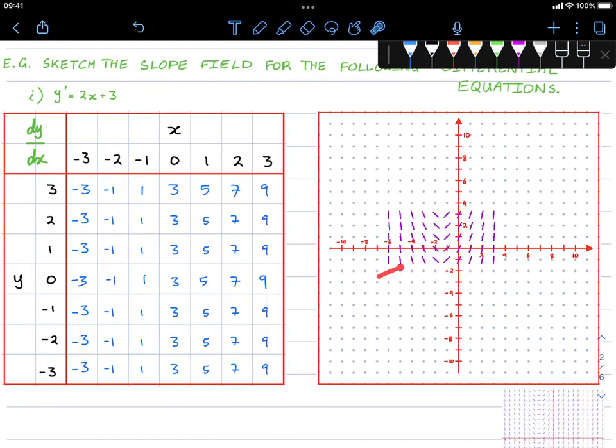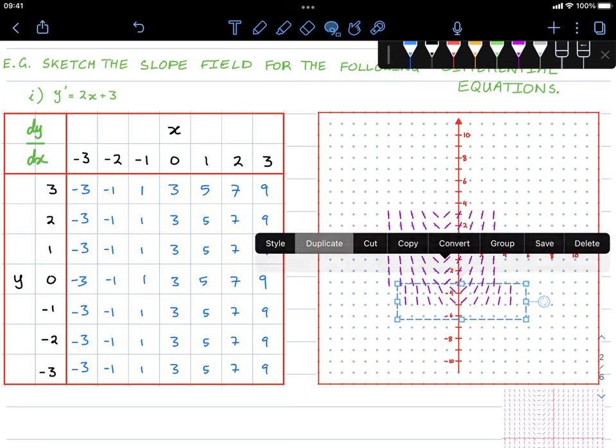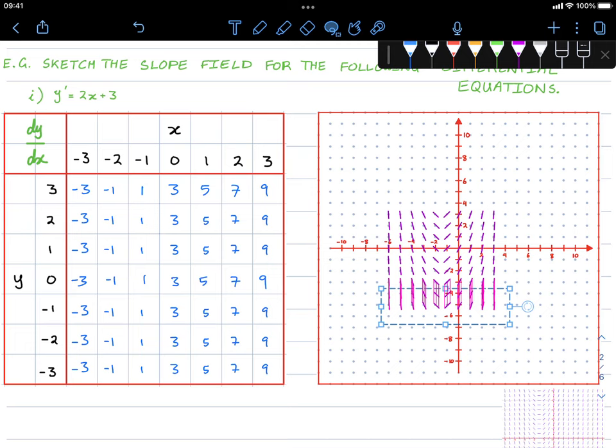So let me just finish this off. Fortunately for me, I can use an iPad. Unfortunately for you watching, you may have to draw this by hand. So that is the slope field for this particular differential equation. I've actually drawn it here.